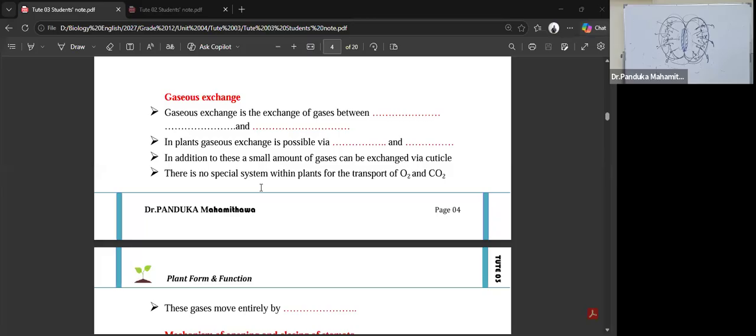In plants, gaseous exchange is possible via stomata and lenticels.